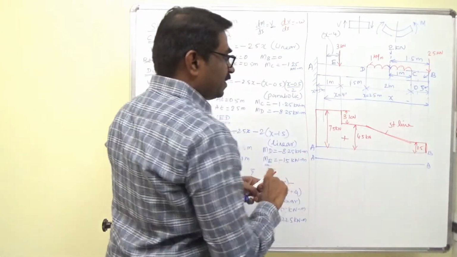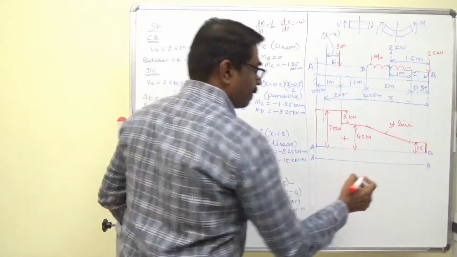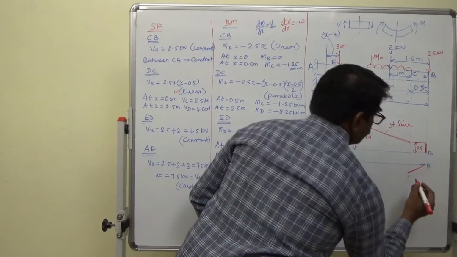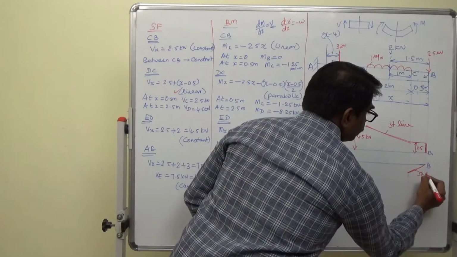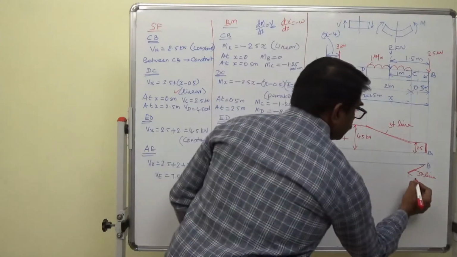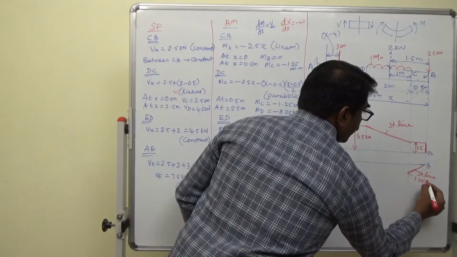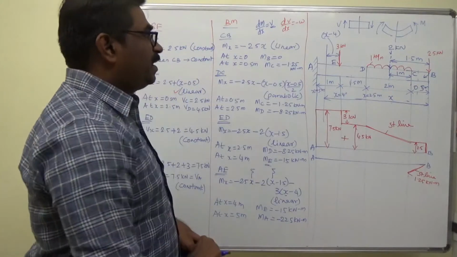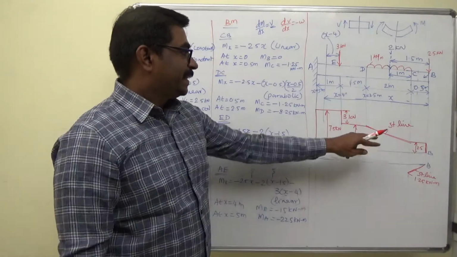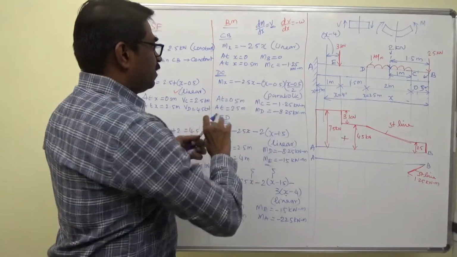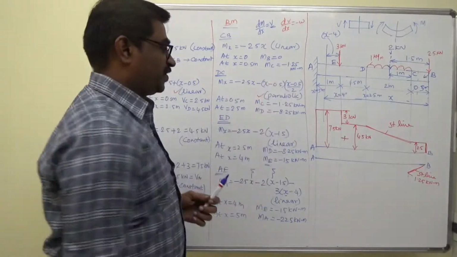So between CB, it is a straight line. The value is 1.25 kilonewton meter. Between DC, the shear force is linear and we have a parabolic variation.